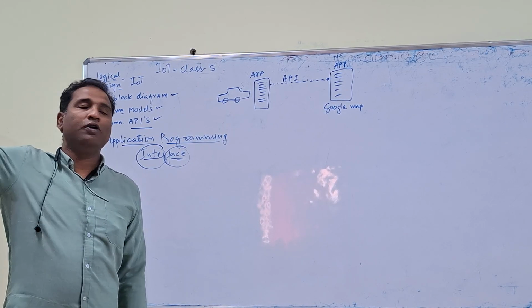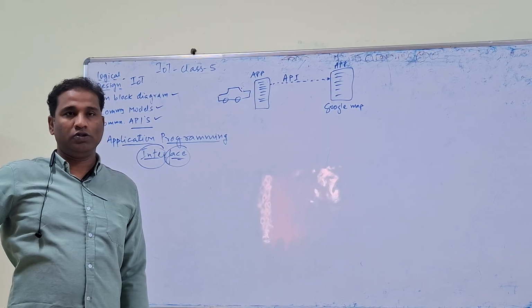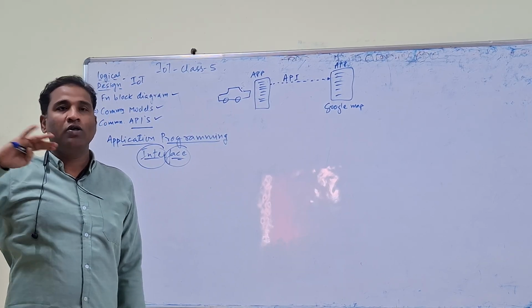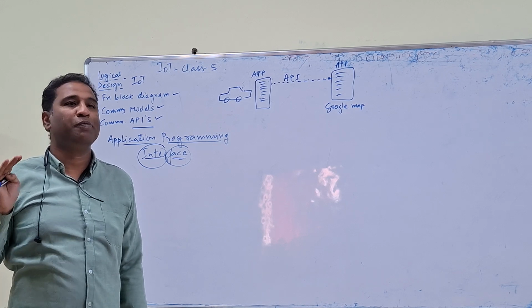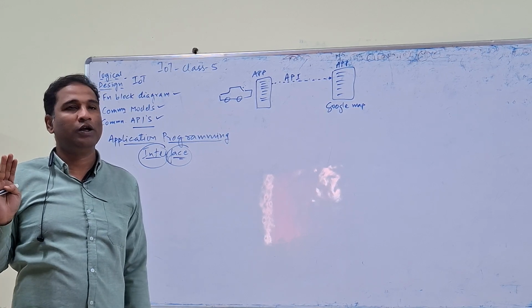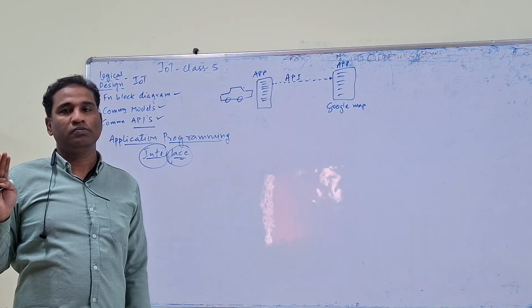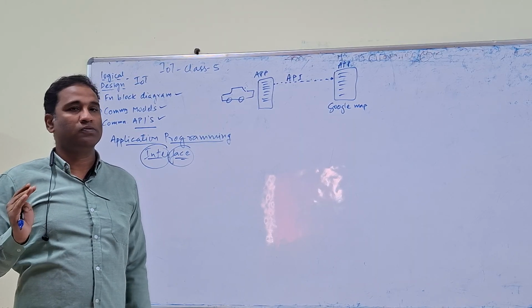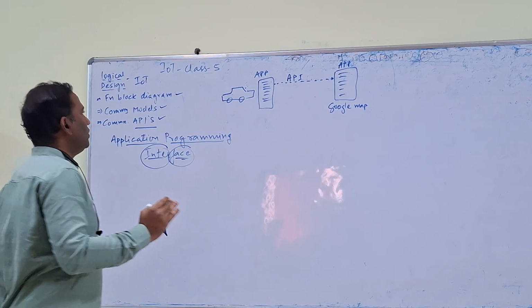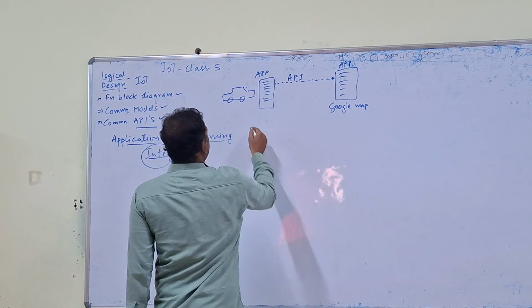Are you developing the gateway from scratch? No. It has already been developed, and you are just using that payment gateway. All that work is done by another API. So what is it?